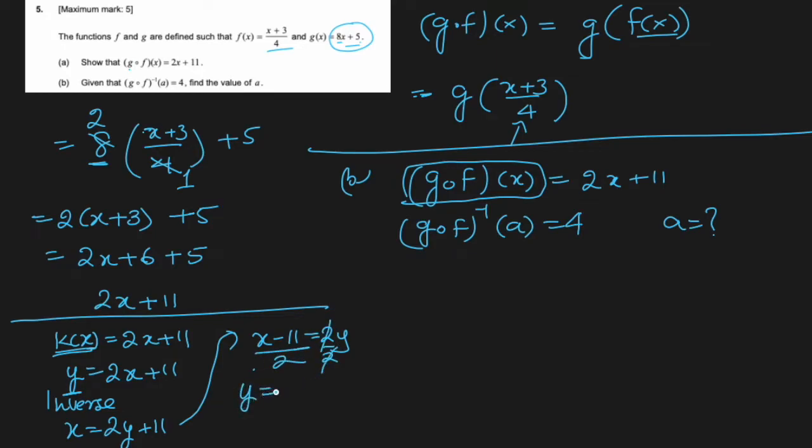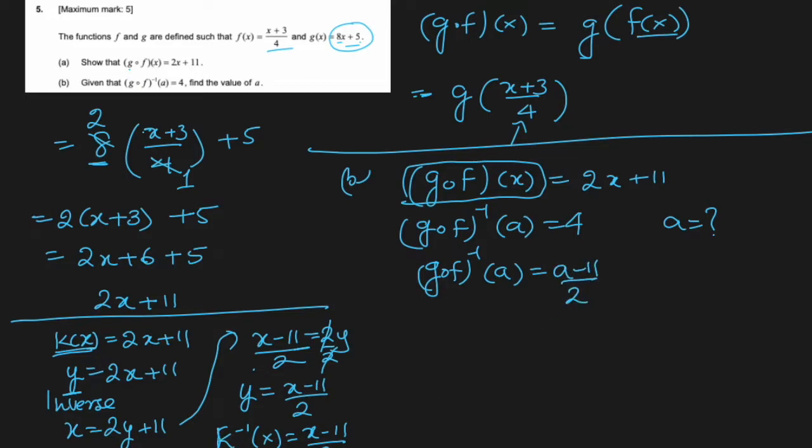So y is (x minus 11) over 2, which is the inverse of k. k inverse(x) equals (x minus 11) over 2, and that's what we will write here now. g of f inverse, let's say a, is (a minus 11) over 2.